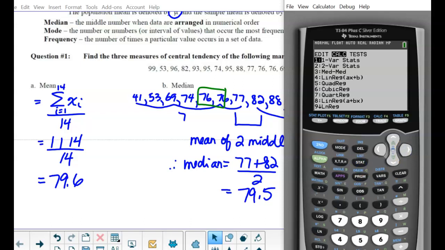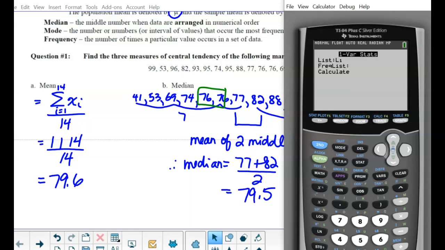So always, whether we have one list of values or a frequency table, we're always going to do one variable stats. We never use the two variable stats in our high school math. I can't even remember what it does. Okay, so one variable stats, and it asks you the list.